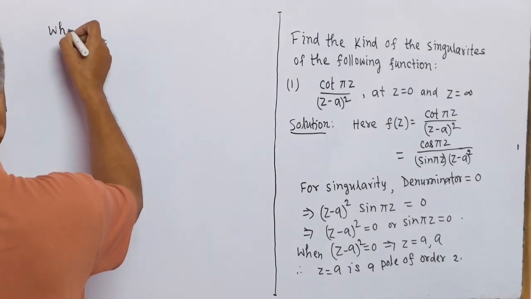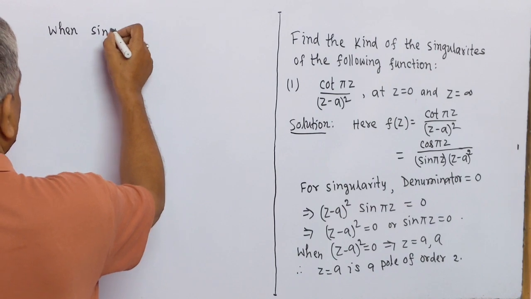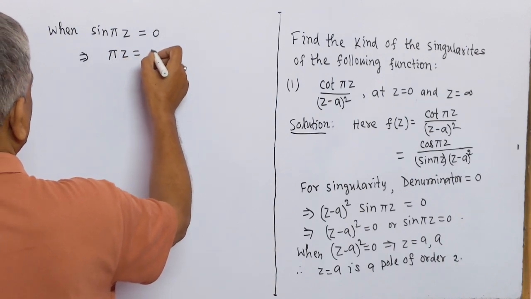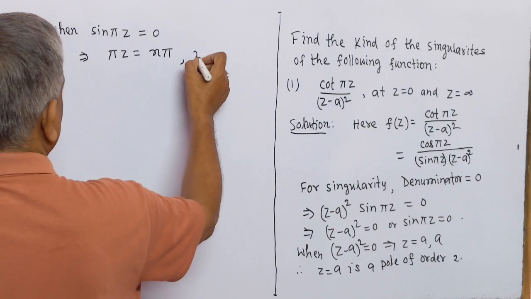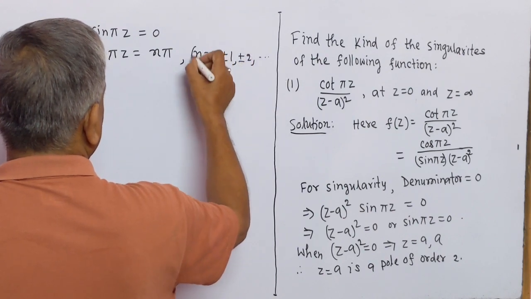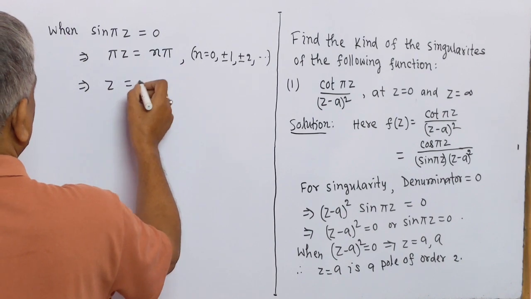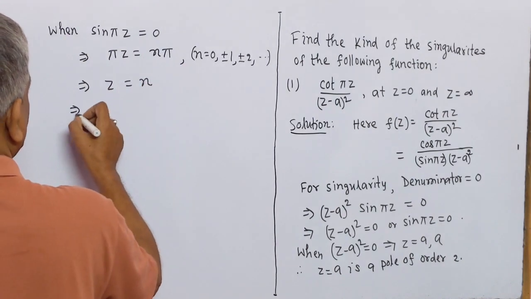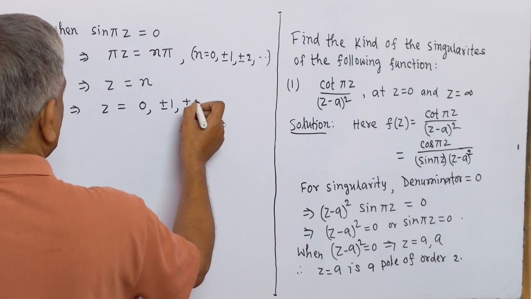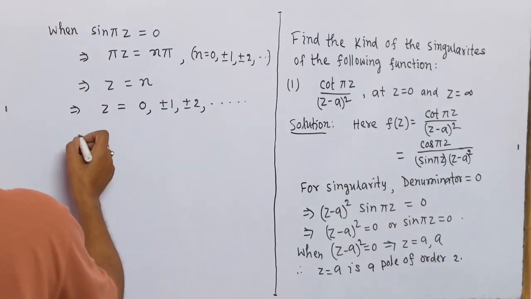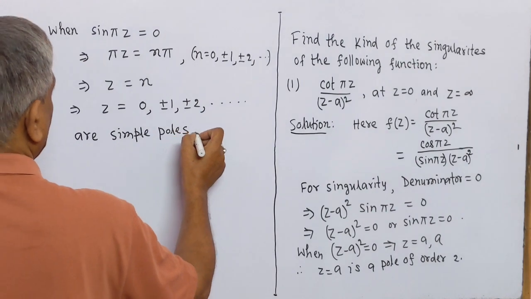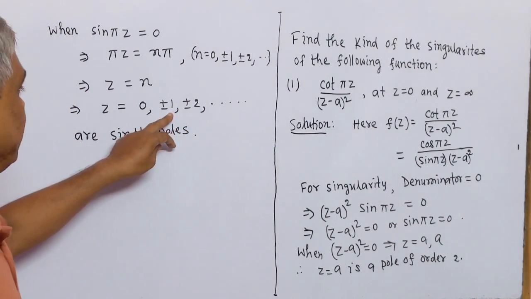When sin pi z equal to 0 implies that pi z equal to n pi, n equal to 0, plus minus 1, plus minus 2, and so on, implies that z equal to n implies that z equal to 0, plus minus 1, plus minus 2, and so on, are simple poles, because 1 has come only once.